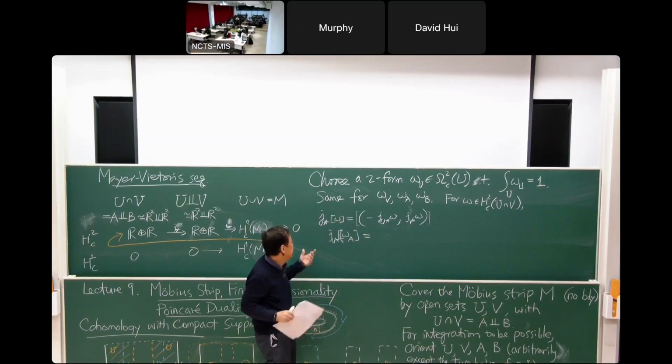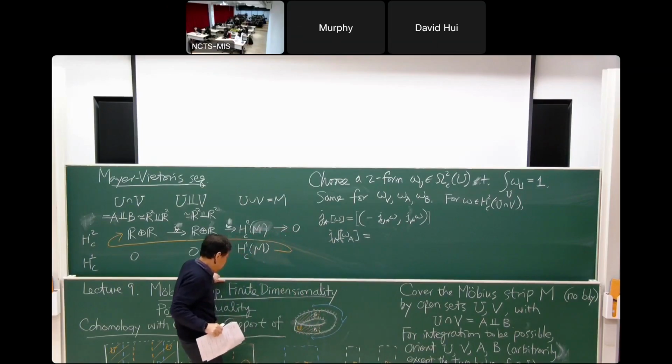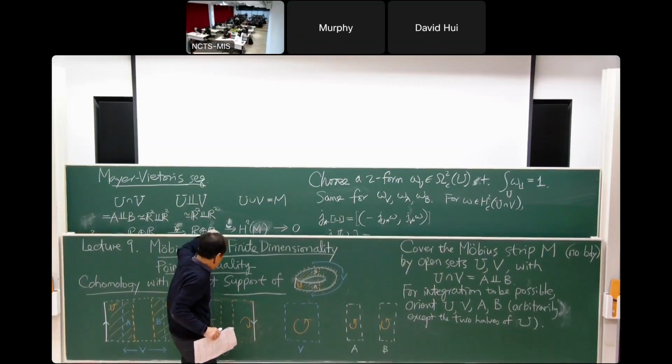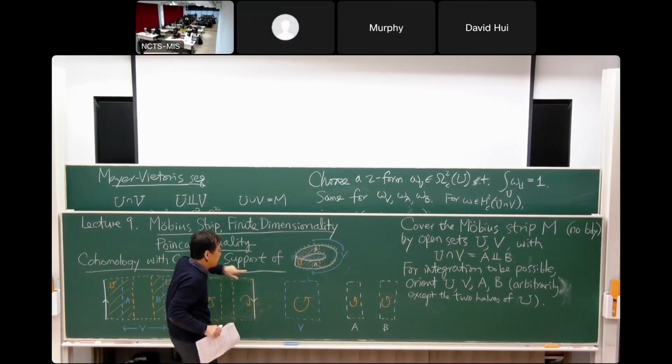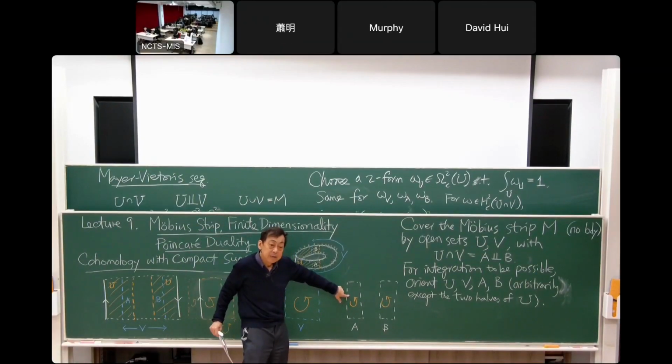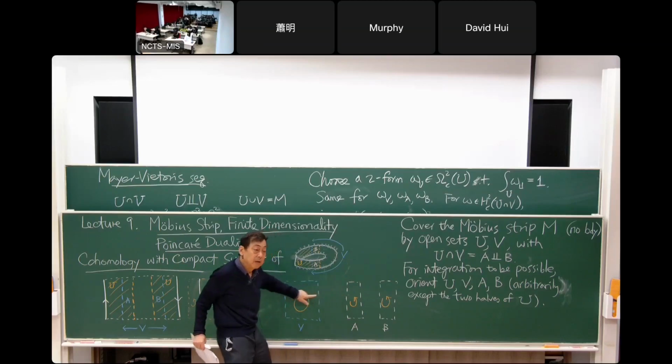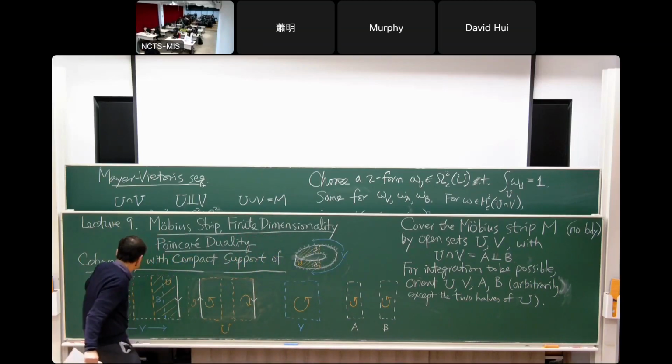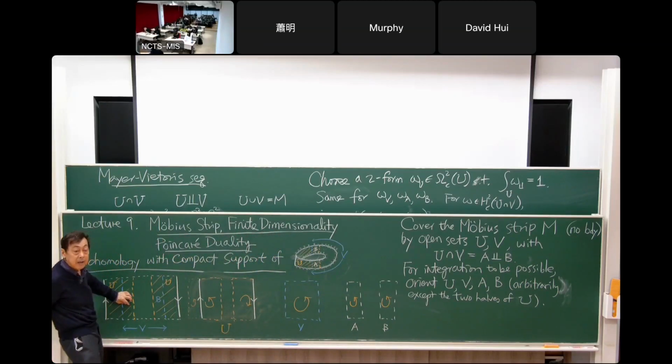Okay, so this is omega A, the form with compact support on A that integrates to 1. So its support is in A. By extension, you can also view it as a form on U by extension by 0.